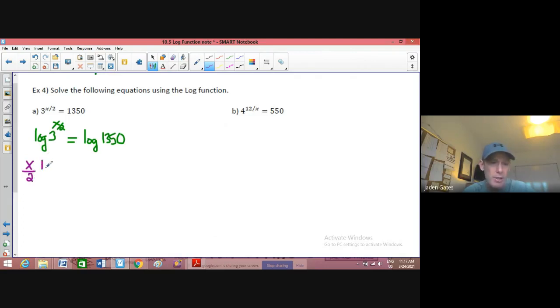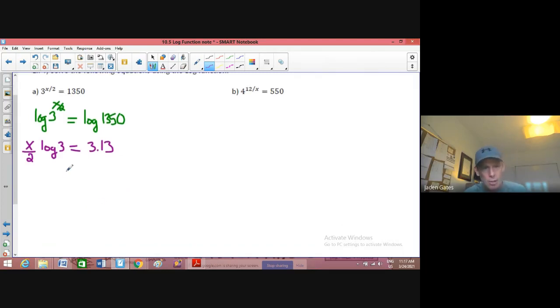All right, now I still have this log 3 here. All right, the log of 1350. Again, I can type that into my calculator, and I get 3.13. All right. Now, again, just a little extra step here. Log of 3. I can figure that out. And when I type in the log of 3, because x is multiplying log of 3 and 2 is dividing right here.